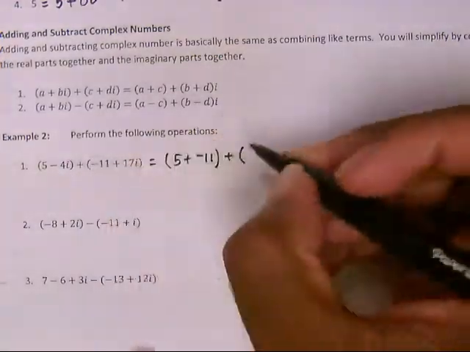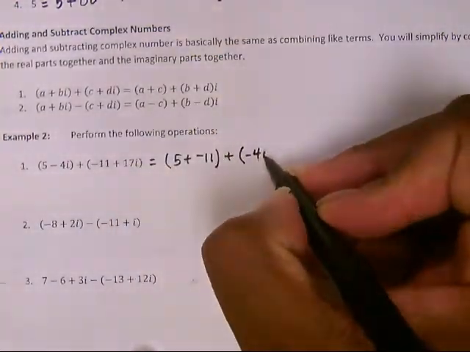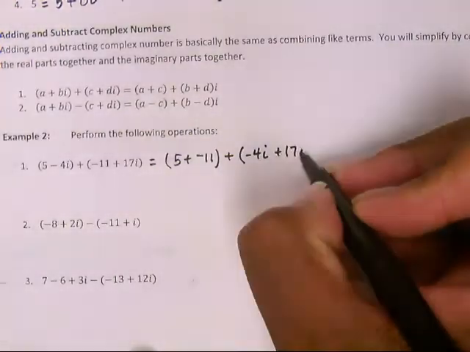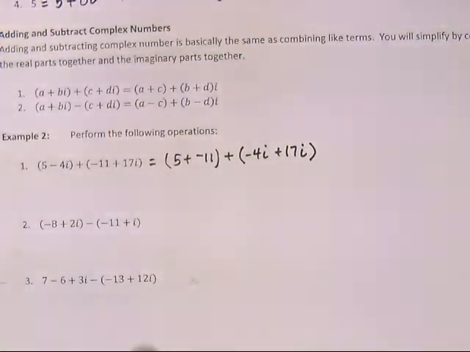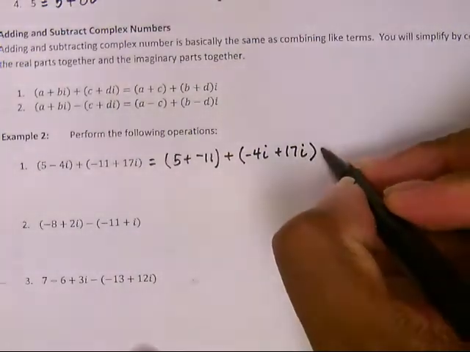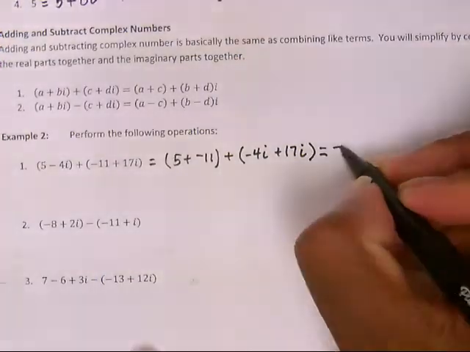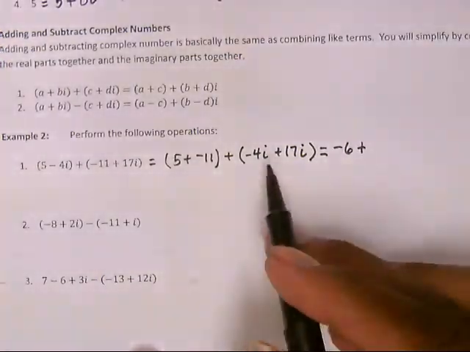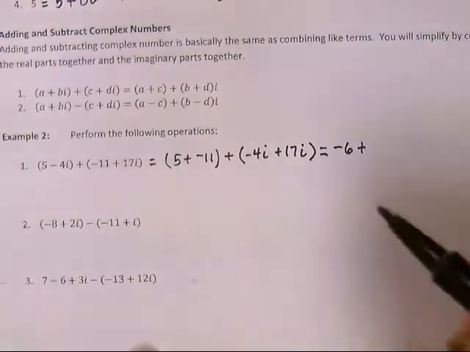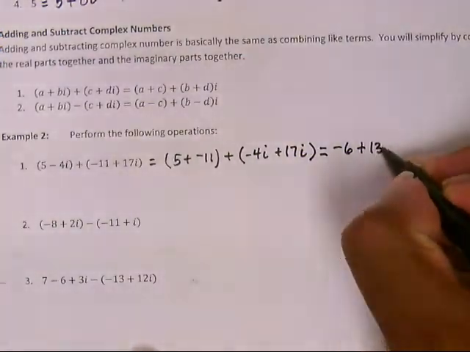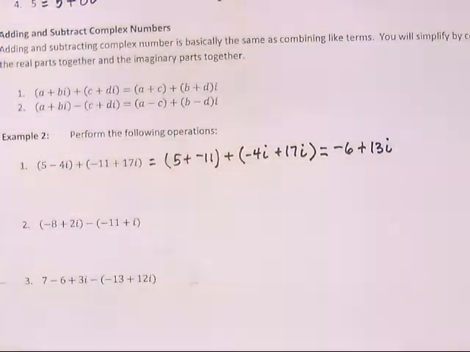And then the imaginary parts, that's going to be negative 4i plus 17i. Now if I add 5 and negative 11 together, we're going to get negative 6, plus negative 4i plus 17i will be 13i. So the sum of those two complex numbers here will be negative 6 plus 13i.